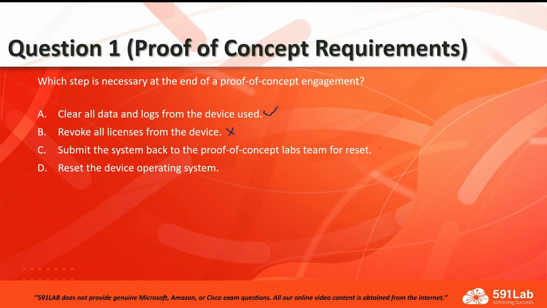We need to reset the configuration or clear all the data first before we turn it back in to the lab team. And D, reset the device operating system. We can use clear all data to reset all the configurations. Then the answer for question number 1 is A, clear all data and logs from the device used.